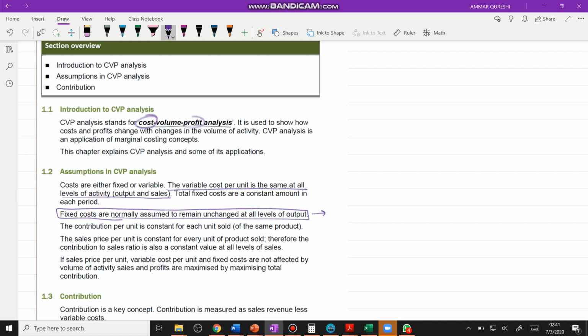The third thing is the selling price. We are also assuming that selling price will remain the same at all sales volumes, because there is a market appetite. You can sell a specific amount of units in the market. If you want to sell more units, then probably you have to give some incentive to the customer.